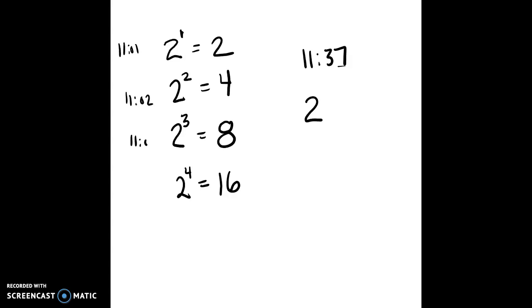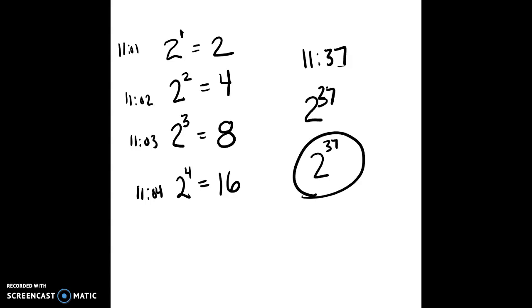And so all I have to do is figure out how many minutes after 11 it is and use that as my exponent. So it'd be 2 to the 37th power. Now, in the problem, it says to type your answer using exponential notation. So instead of putting this into my calculator and calculating what 2 to the 37th power is, I can just leave it like this.